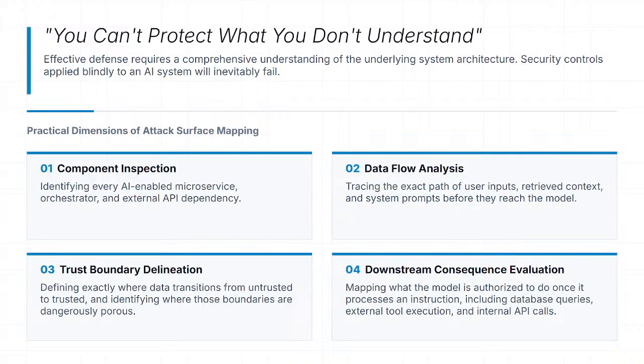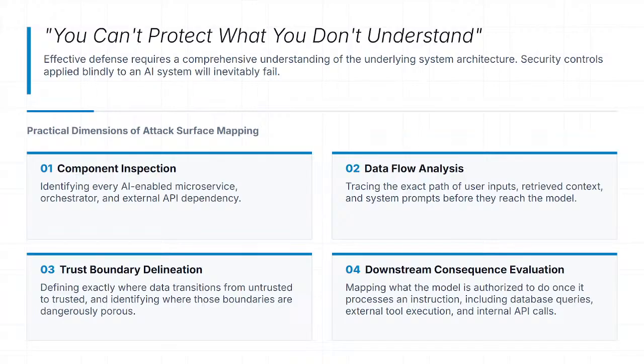Looking at what point this particular use case moves from trusted to untrusted, what are the boundaries that are available? Identifying all of that is one of the components of attack surface mapping in the context of AI as well. And once again, understanding it is one of the first steps to being able to protect it.